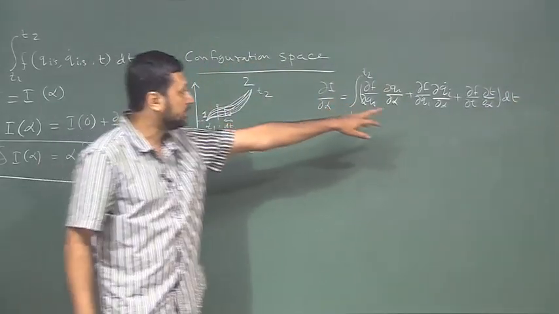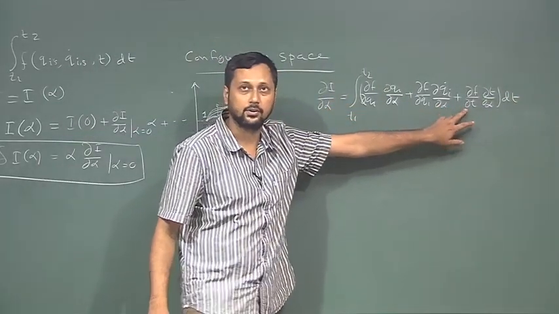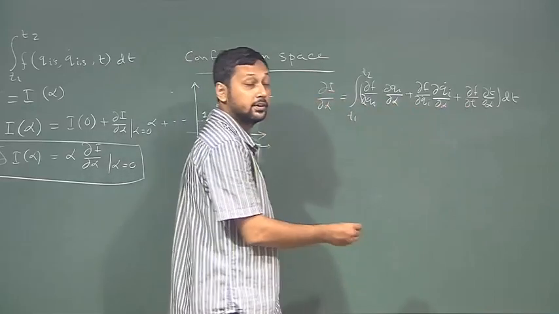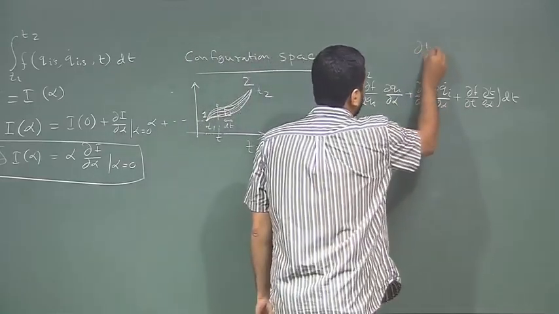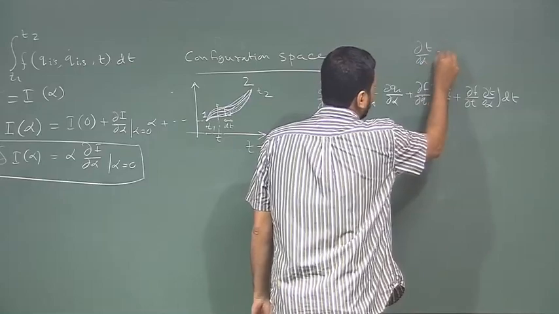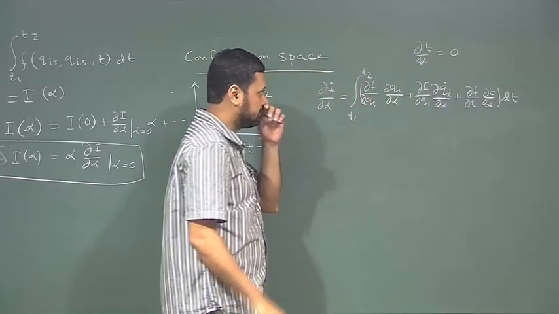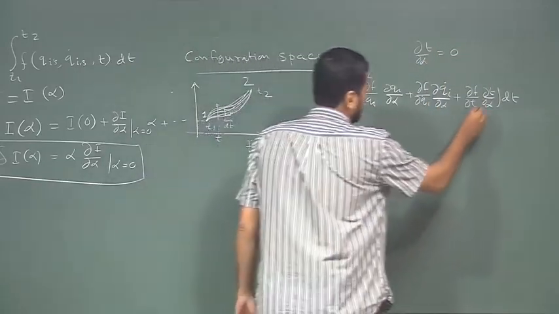Now, the last term vanishes, because alpha is not a function of time. So, del t del alpha is equal to 0, right. So, the last term is actually 0.